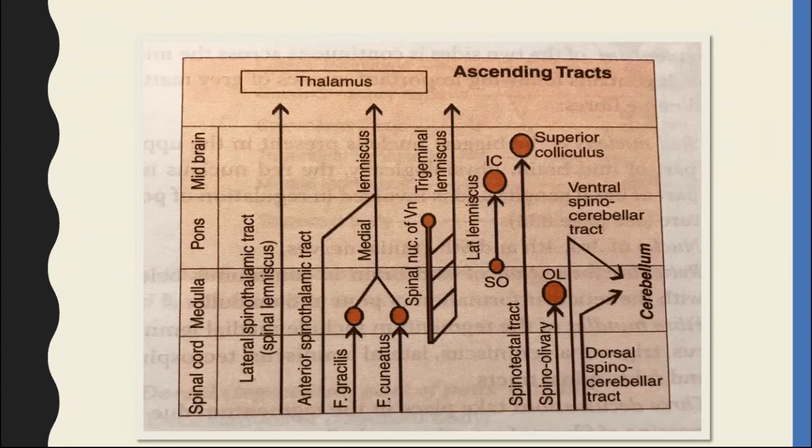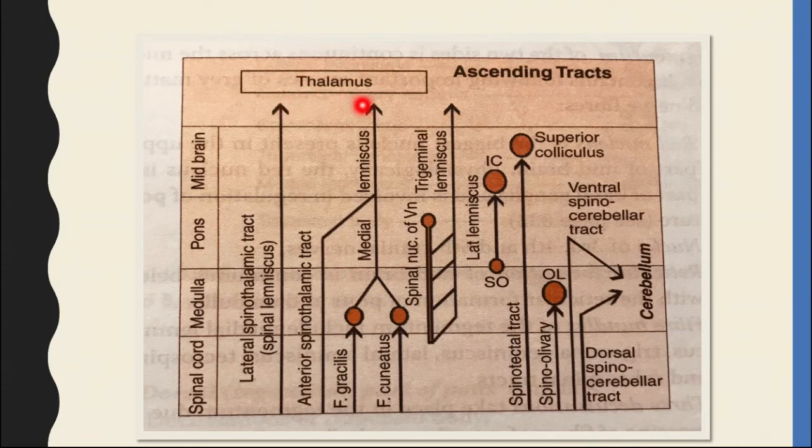This is the diagrammatic representation of all these: this part is the spinal cord, this one is the medulla, pons and midbrain, and the thalamus is shown over here. We can call the thalamus the gateway to the cerebral cortex.